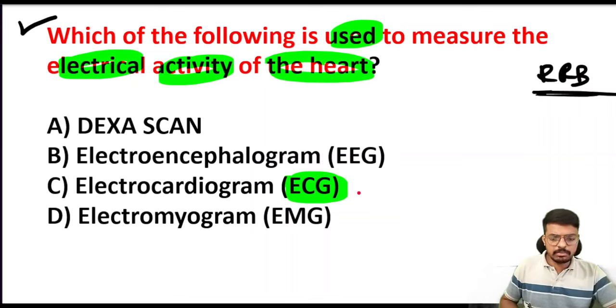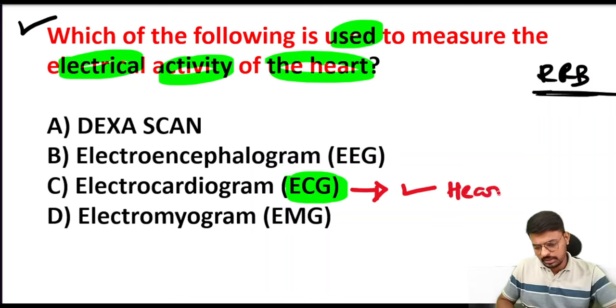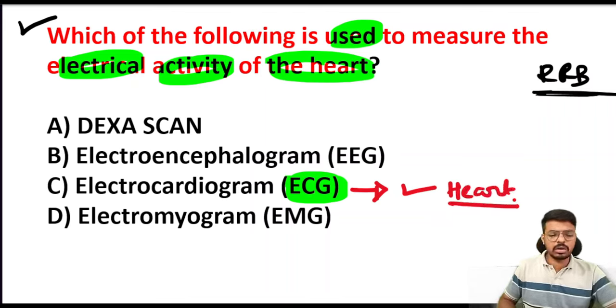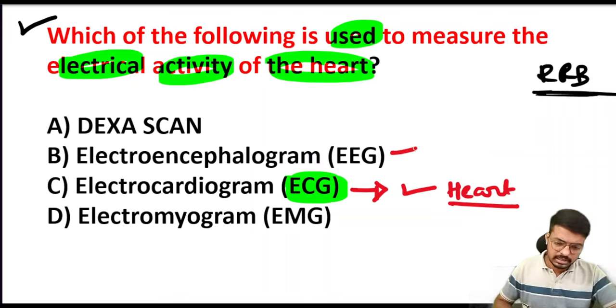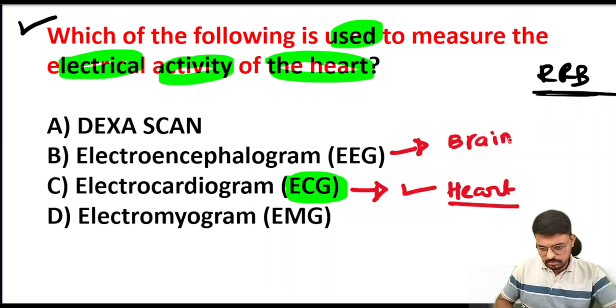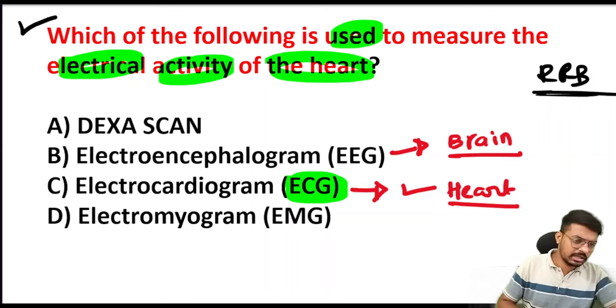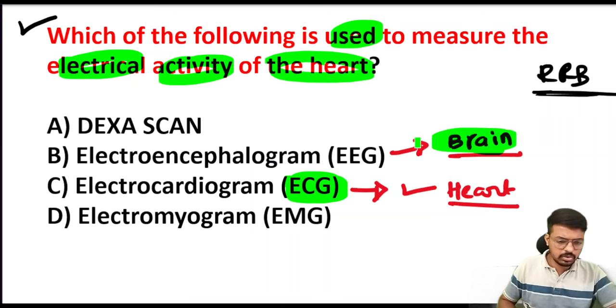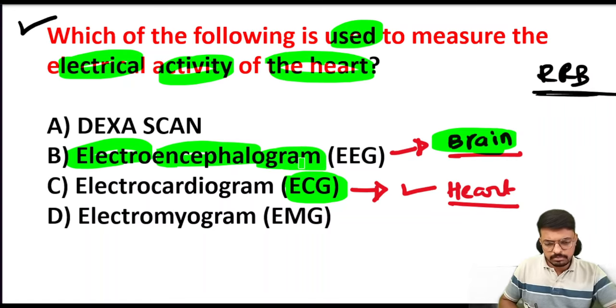Electrocardiogram means this process where we are assessing the electrical activity of the heart. If we are checking the electrical activity of the brain, electro means electric activity, encephalo means brain, and gram means the process or procedure.